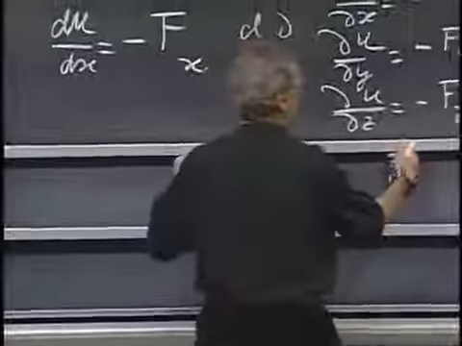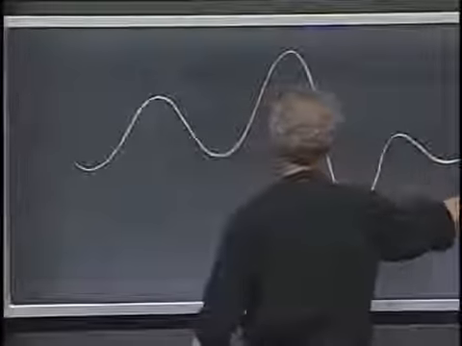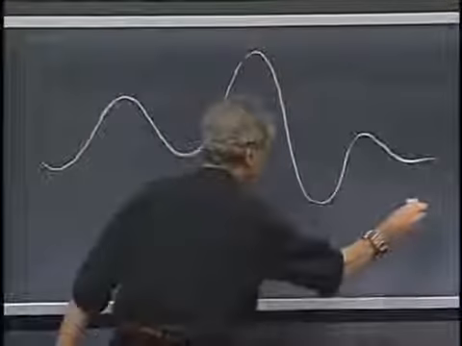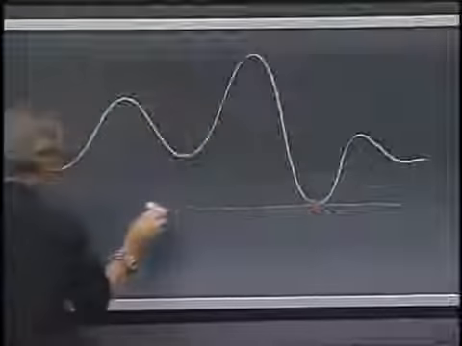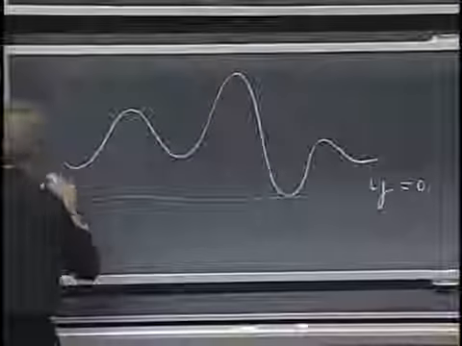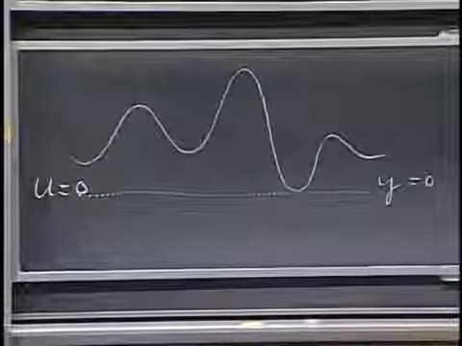Suppose I have a curved surface, literally a surface here in 26.100, which sort of looks like this. Something like this. I call this arbitrarily y equals 0, and I could call this U, gravitational potential energy 0, for that matter.